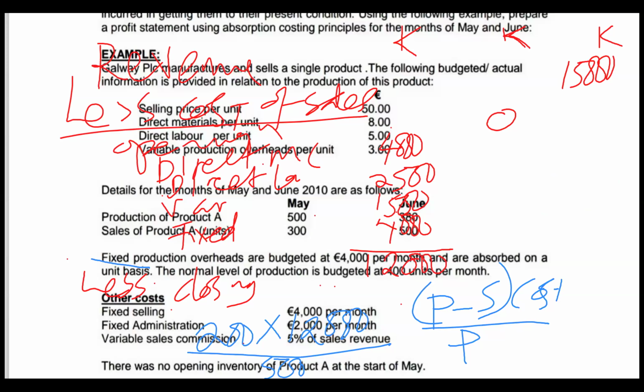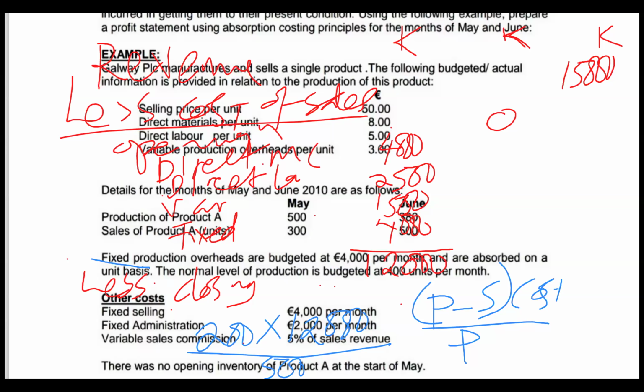Fixed production overheads are budgeted at 4,000 per month, not 400. That's what we are given. Okay, it's 4,000. Okay, sir, I'm clear.